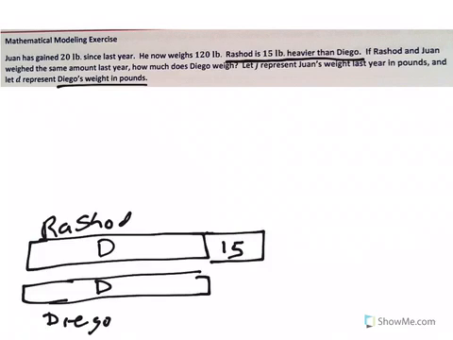Then, if we notice, it says Juan has gained 20 pounds since last year. He weighs 120. Rashad and Juan weighed the same amount last year.